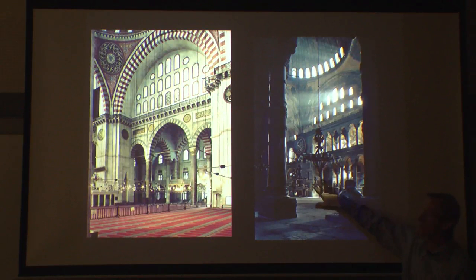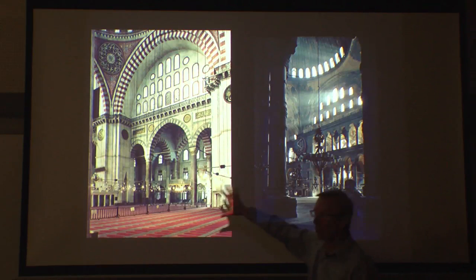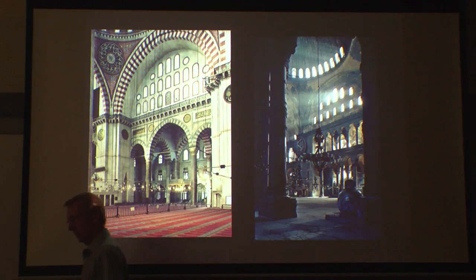But in Hagia Sophia, the central nave was reserved for the clergy, whereas the laity had to stay behind the pier separating it from the aisles, the columns. So there's a much more open ground plan in the Islamic examples than in the Christian ones.